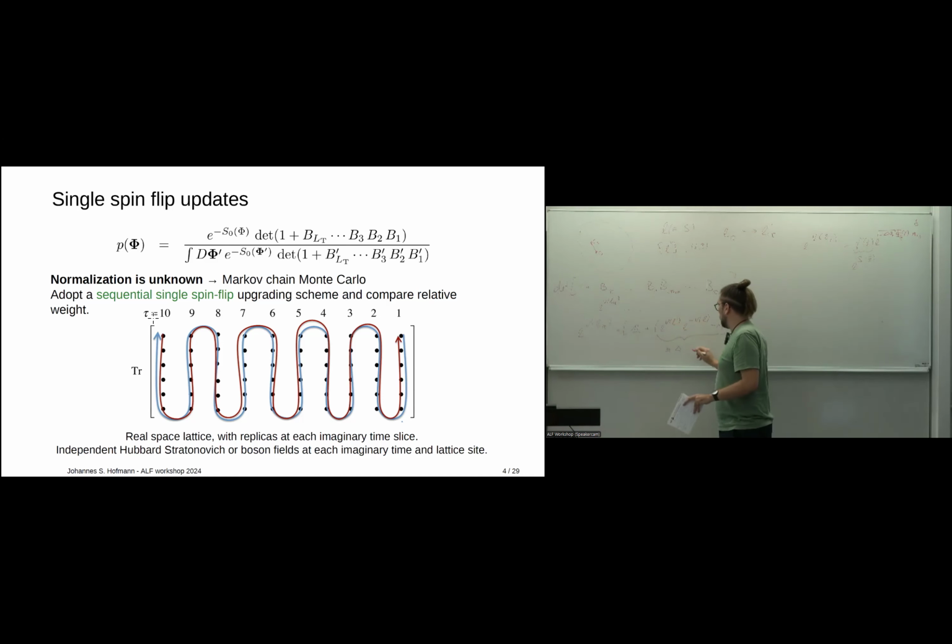The exponential part is a matrix which has a lot of ones on the diagonal, and then precisely one entry where I have these field configurations.